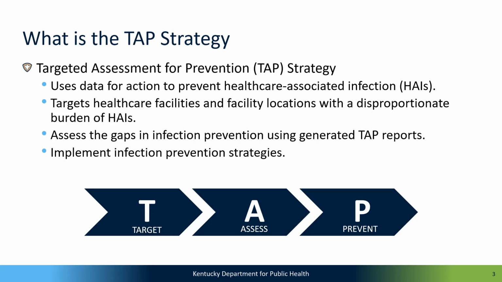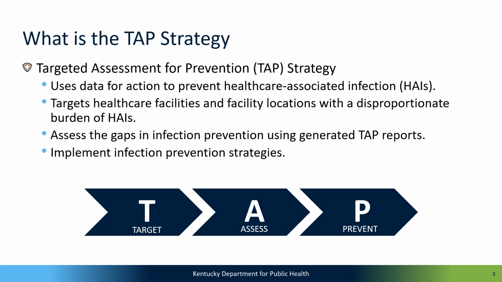These reports lay bare the areas where our infection prevention measures might be falling short, thereby giving us a roadmap for potential improvement. Think of these reports as a diagnostic tool that can help us identify potential weaknesses. And where the true value of the TAP strategy really shines through is when we translate these insights into tangible infection prevention strategies.